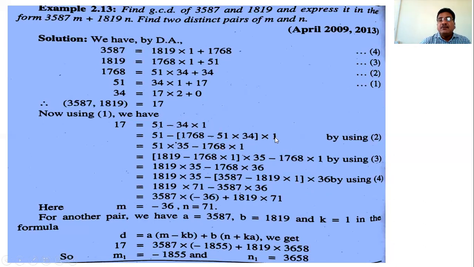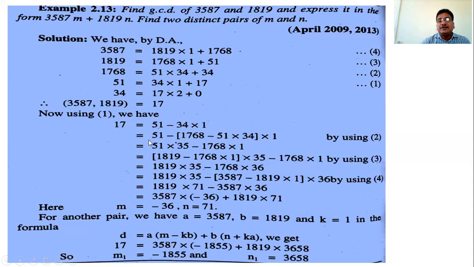So what do we have? 51 as it is, minus 1768 into 1, minus becomes plus 51 into 34 into 1, which means 51 into 34.